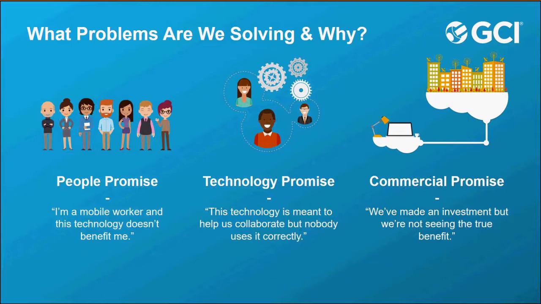There are also a lot of emotions involved as well. You might have somebody in your business or organization who has been very happily working for, I don't know, 10, 20 years with a standard desktop phone. And then for them to change to some sort of different device using new technology could be a scary thought. You might have other people who are changing their place of work, so they might become mobile workers, home workers, or move to a completely new office.